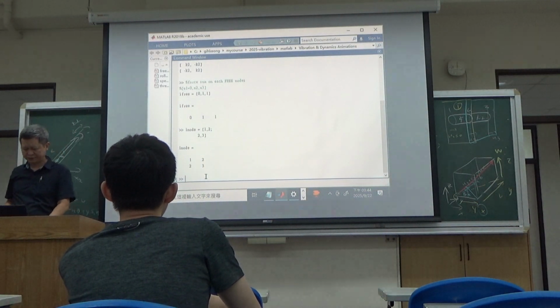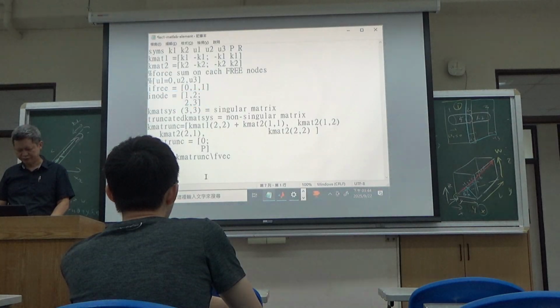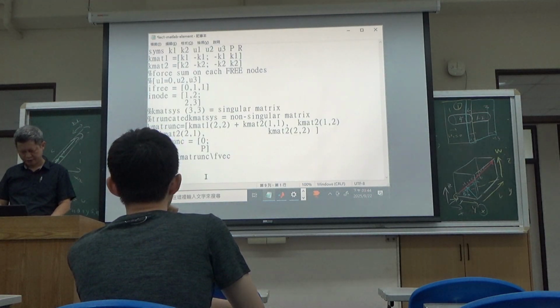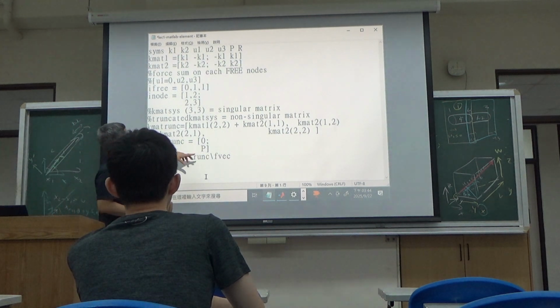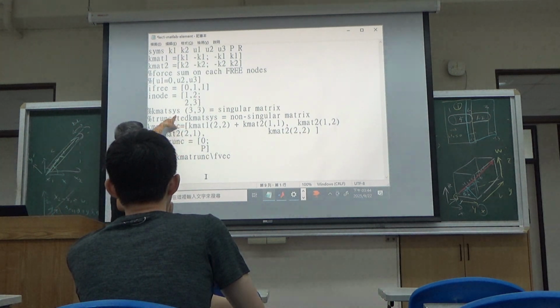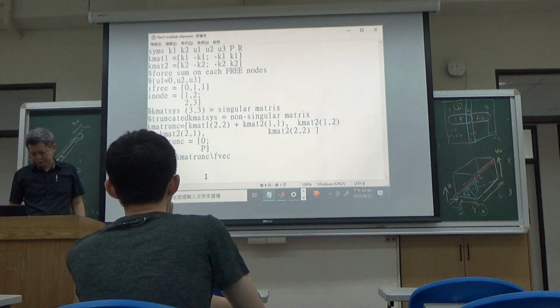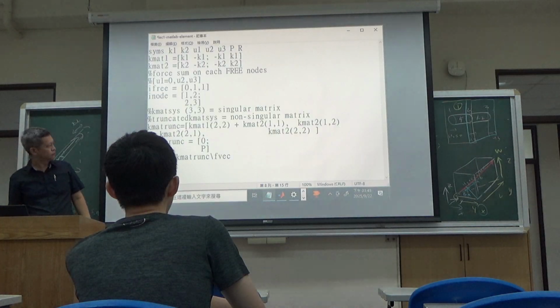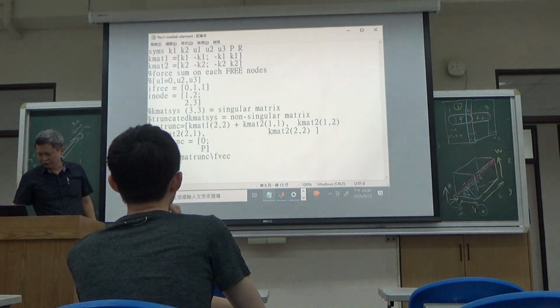These are all the index associations. And then, what's next? Because this combination of 3 by 3 stiffness is going to be singular, you're going to truncate away the fixed degree of freedom.